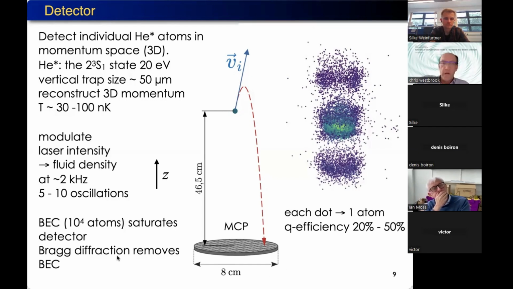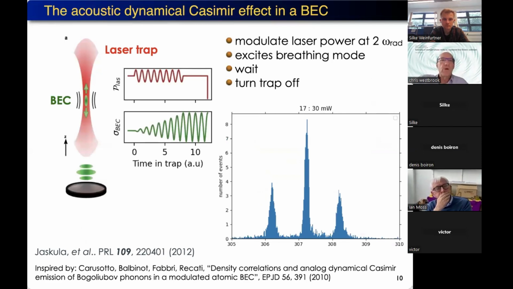All right, so back to the experiment. I've already shown you the trap and the modulation. When you do all this, you see these clouds hit the detector, and you get spectra that look like this, a time of flight spectrum, where now I'm plotting numbers of atoms as a function of their arrival time. 307.5 milliseconds is the time it takes an object at rest to fall these 46 centimeters to the detector.